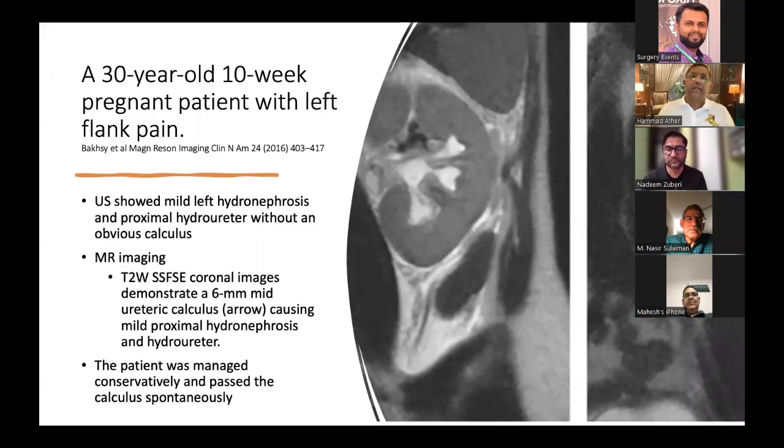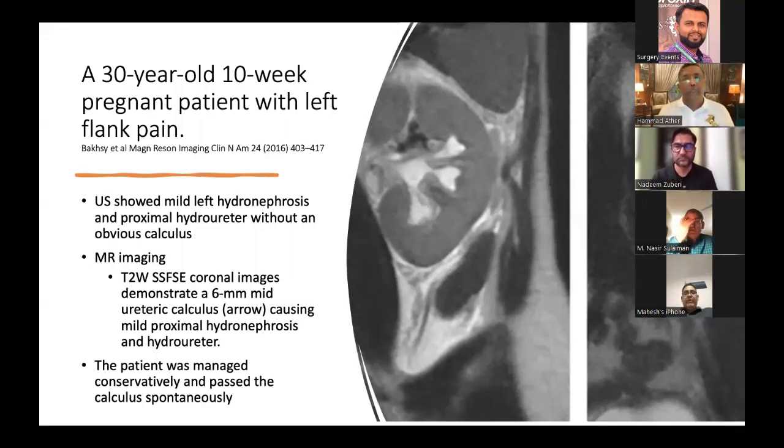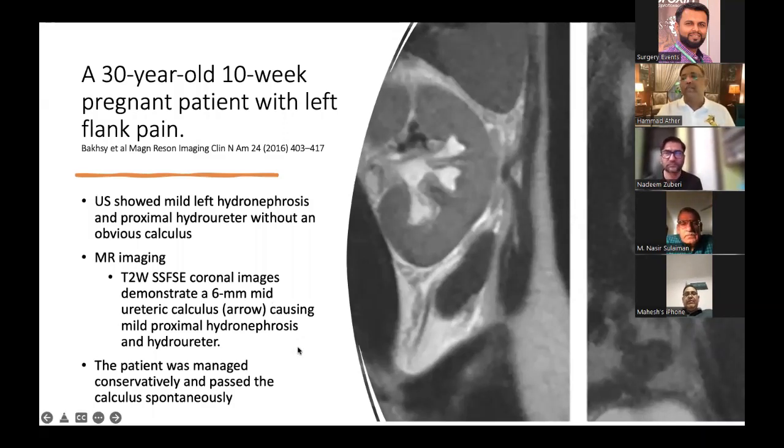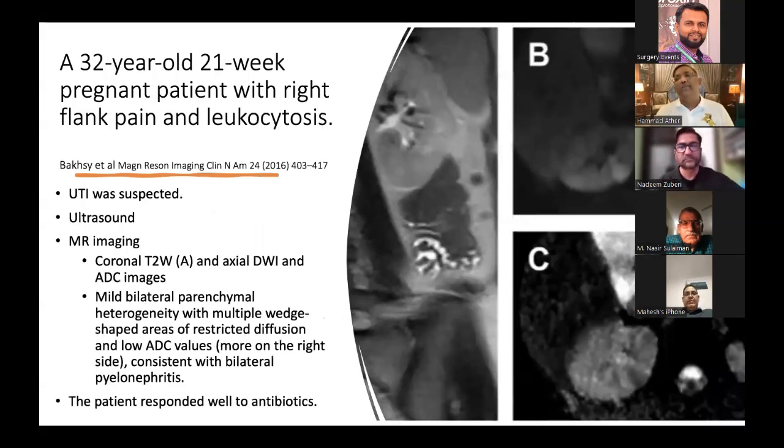I'm not a radiologist, so I'll just say what I have understood, that this is a screening sort of MR, which can be done very quickly, and it gives you a fairly good picture of what's happening. It diagnosed a 6 mm stone in the distal ureter. The patient was managed conservatively, and she passed it.